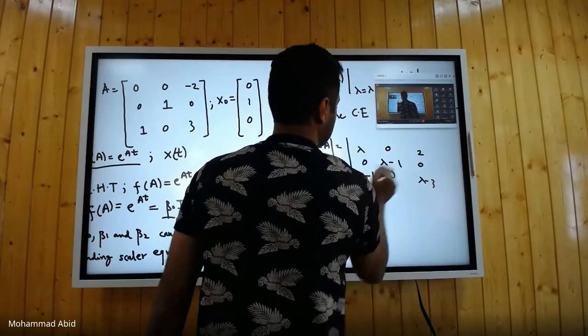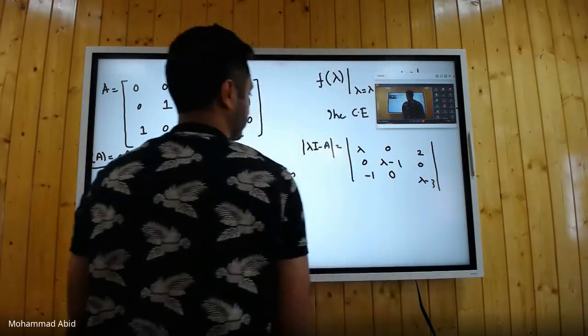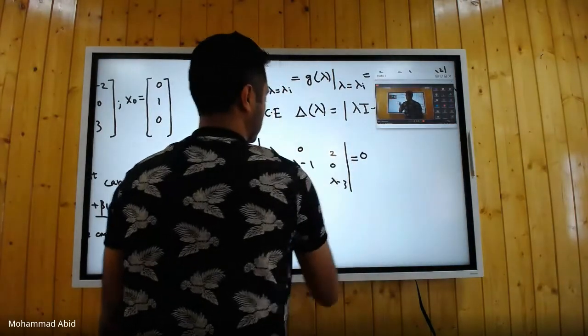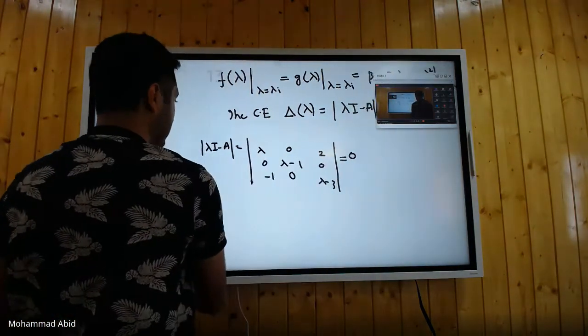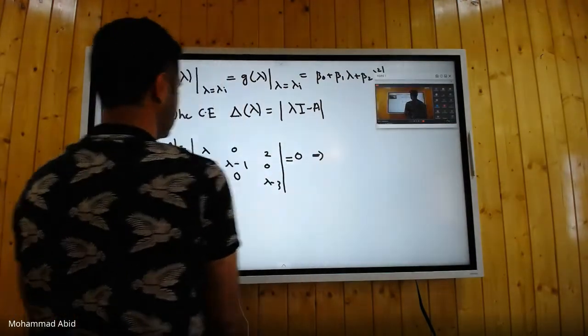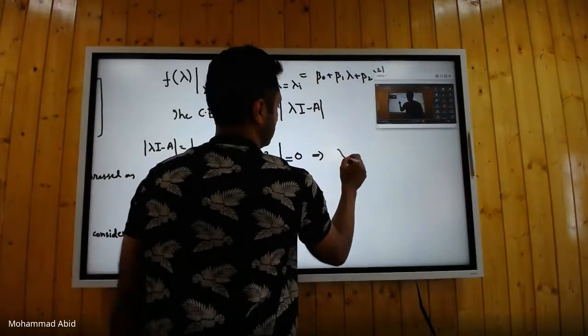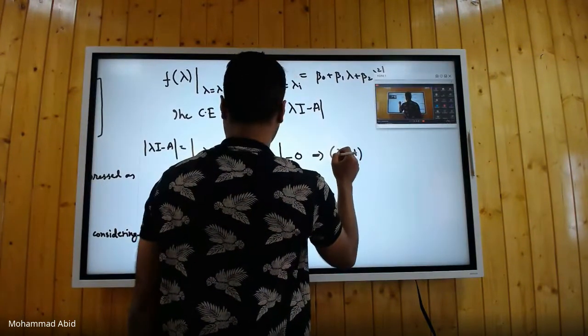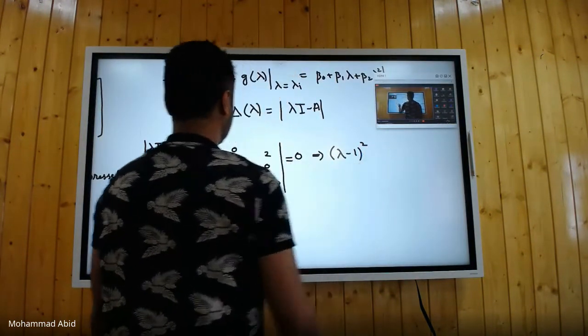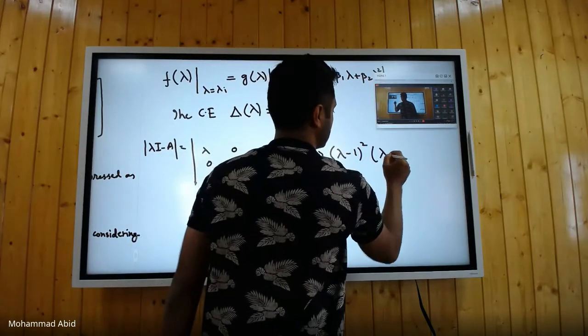This is your determinant of lambda I minus A. And this has to be equal to 0. यहाँ से हमें हमारे lambda i's मिलेंगे, these ones. So if you expand this, you will get something like this. Lambda minus 2.